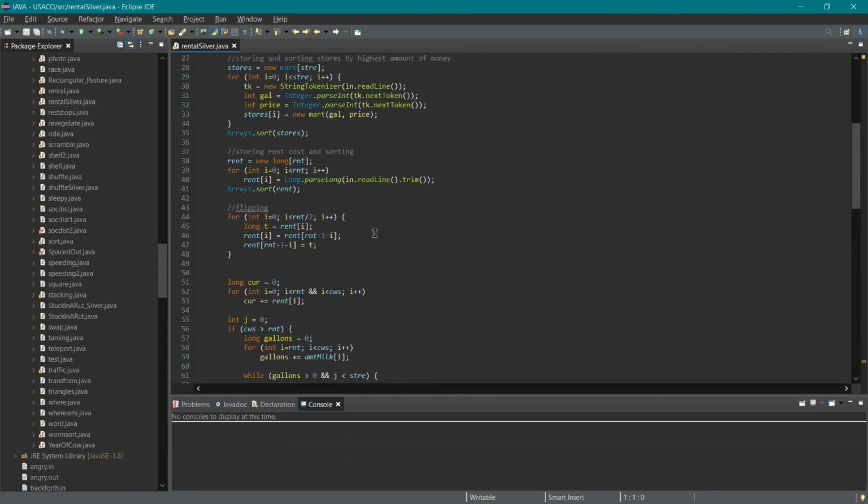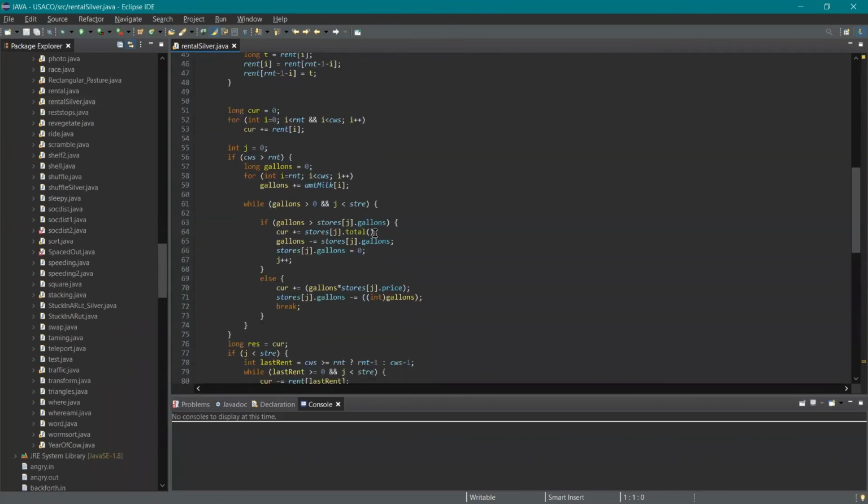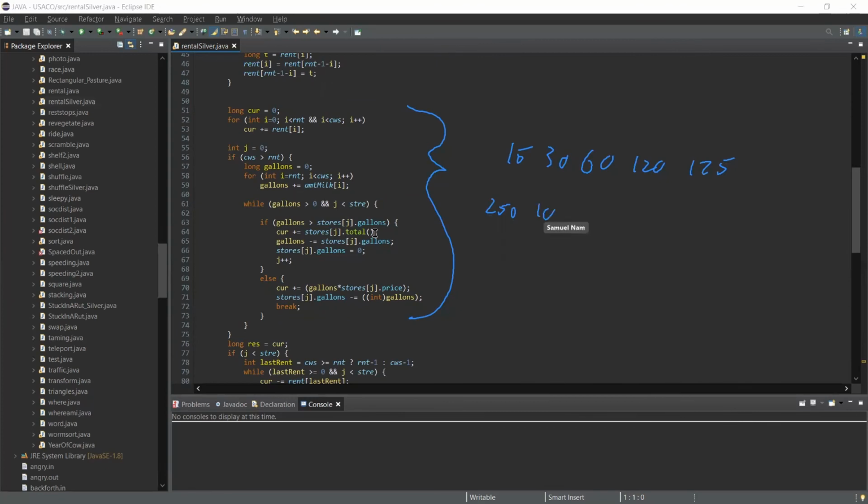Here, we set it up like before with 15, 30, 60, 120, 175, and with the 250, 100, 80, and 40. If rent was greater, then we will keep going.